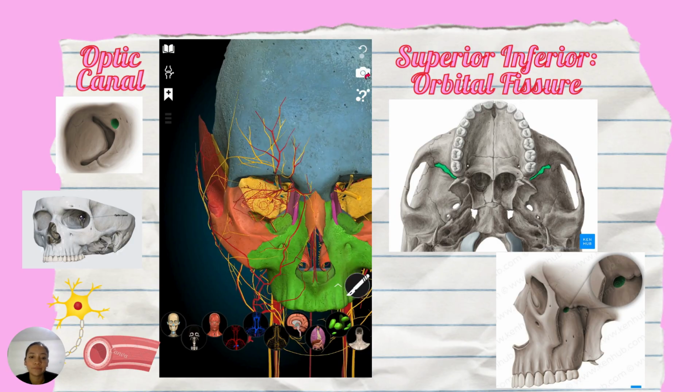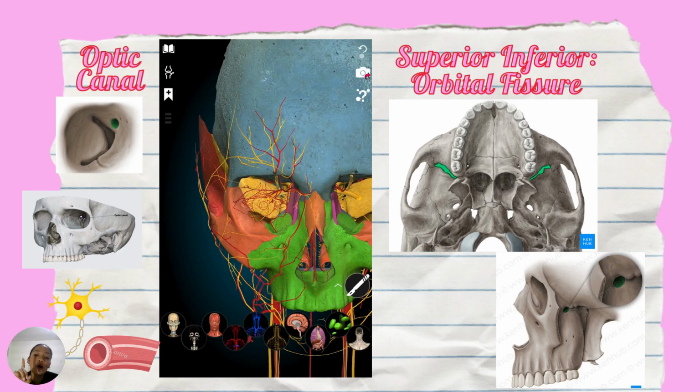Then we have the superior and inferior orbital fissures, which are like little holes in our cranium and face structures.